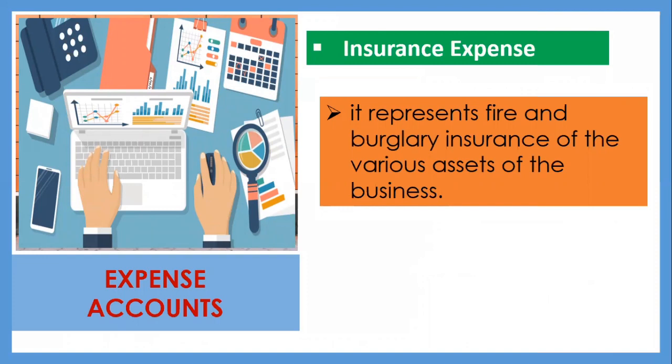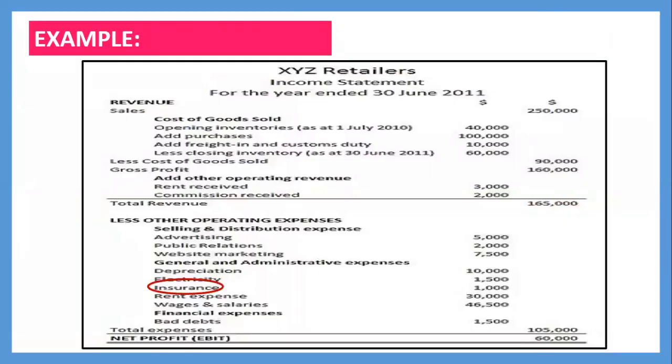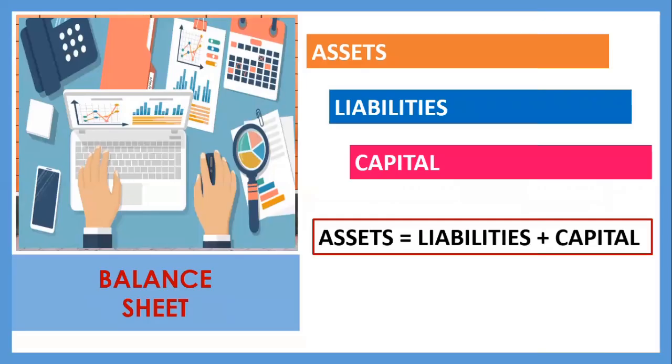For burglary insurance, of course, these are your big machineries and equipment, in case of theft or burglary in your company. In your income statement, this will still be under the expenses side because this is an expense to the part of the company. All right, so those are all the expense accounts under the income statement.